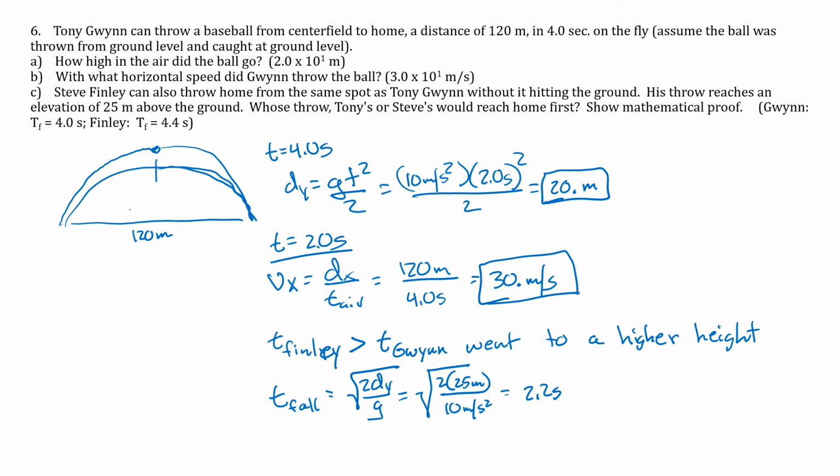That's the time to fall. So the time in the air is not that, it's 2 times that, or 4.4 seconds, which again proves that Steve Finley's throw took longer to get to home plate than Tony Gwynn's.